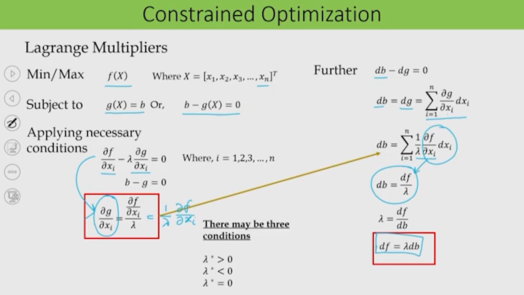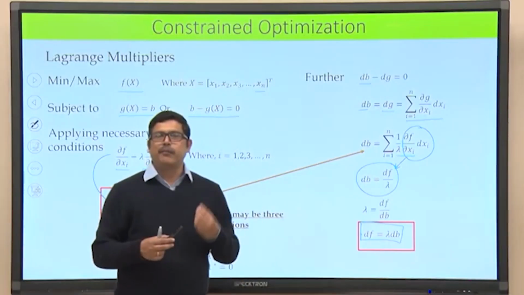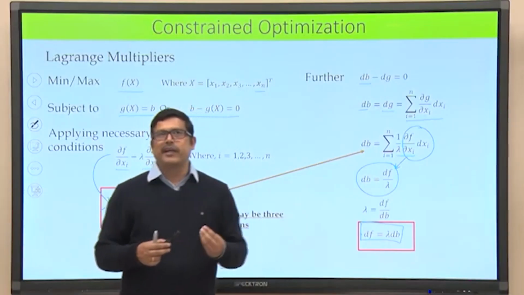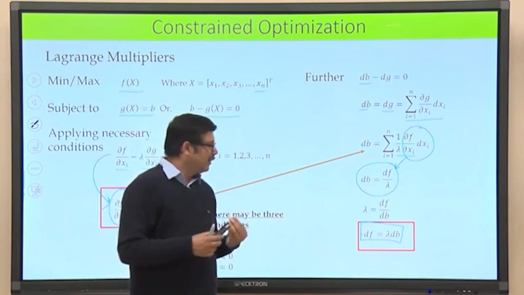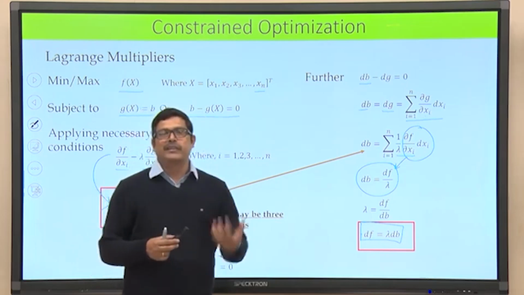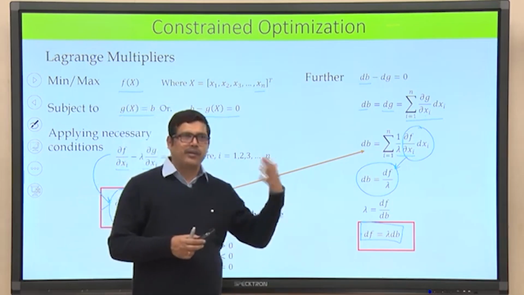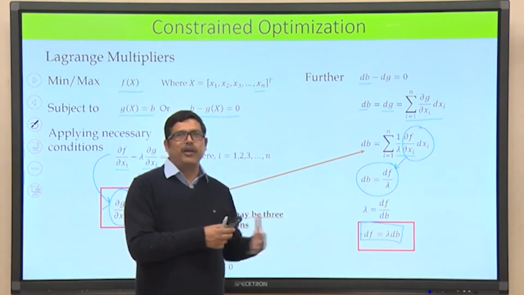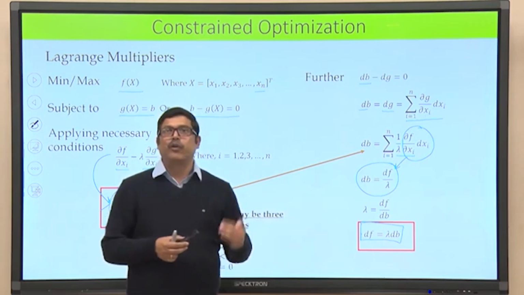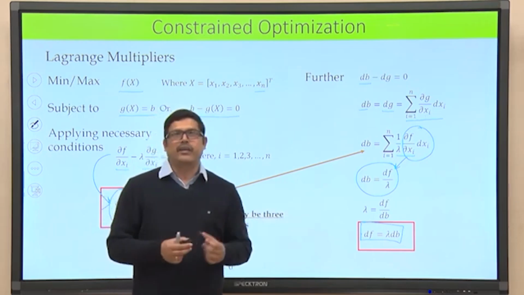That means dB is negative and lambda is positive. So df is negative. Whatever objective function value you have already obtained, it will reduce if you tighten the constraint.